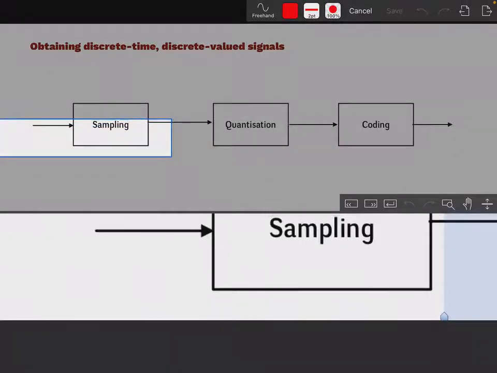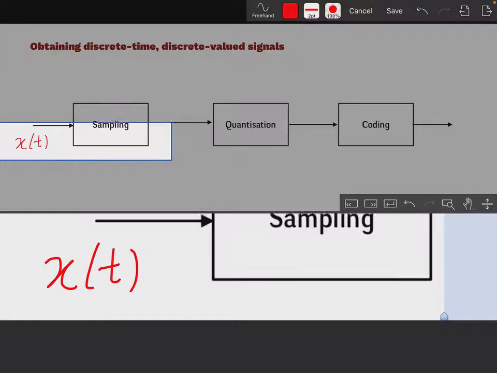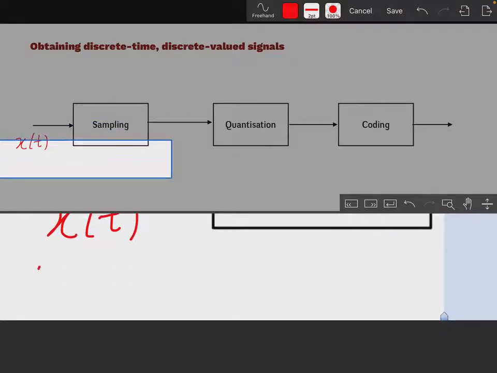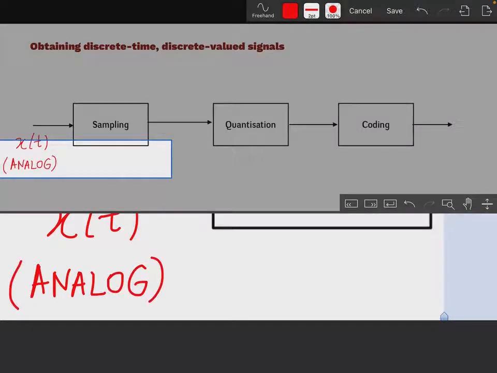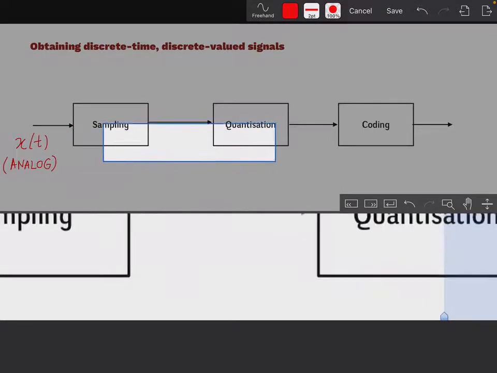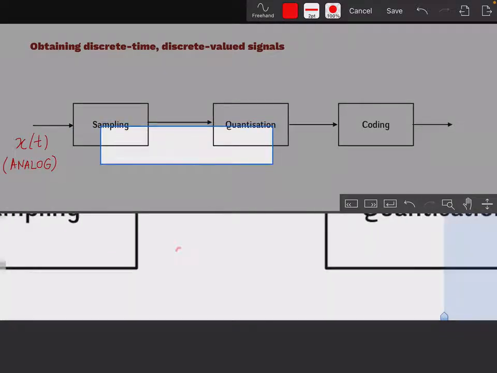So here we have an analog signal x. Let's call this x of t. Let's drop the letter a for that. And let me just write, denote that it's an analog signal. Now, there is a stage we call sampling. Right now, we're not going to go into too much detail about sampling, but on week 7, we're going to talk about the sampling theorem.